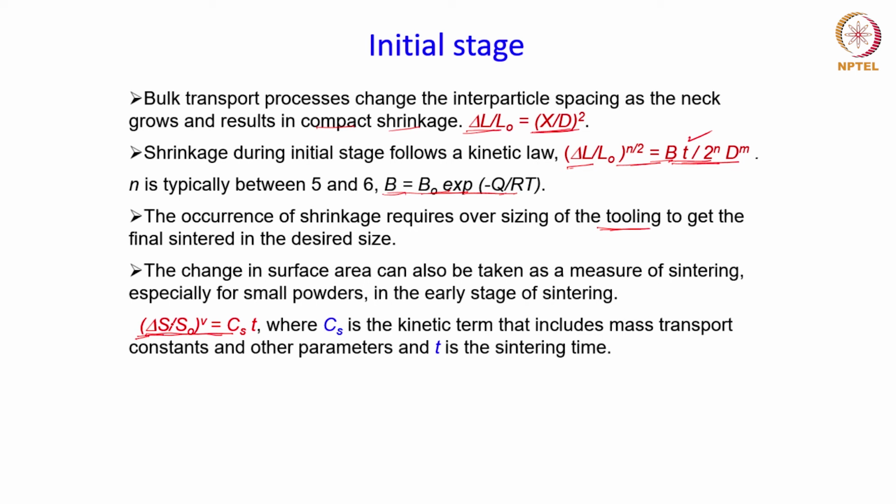And Cs is a kinetic term that includes mass transport constants and other parameters, and t of course is the sintering time, right? So this is how the initial stage goes through as far as the mass transport is concerned.